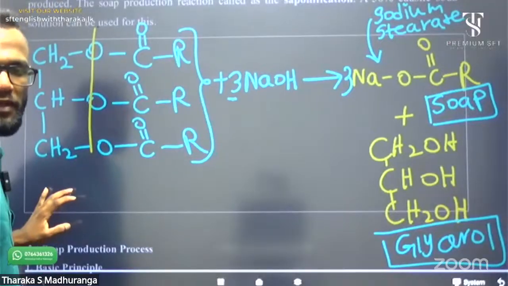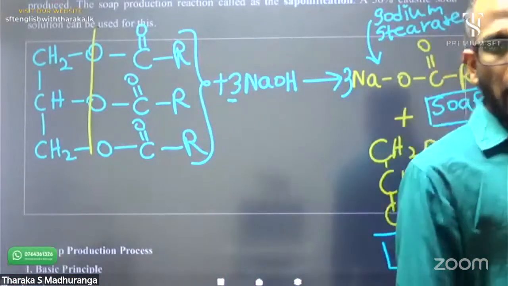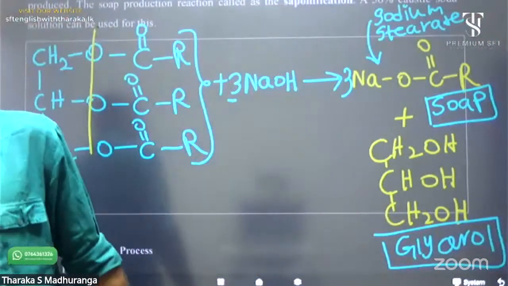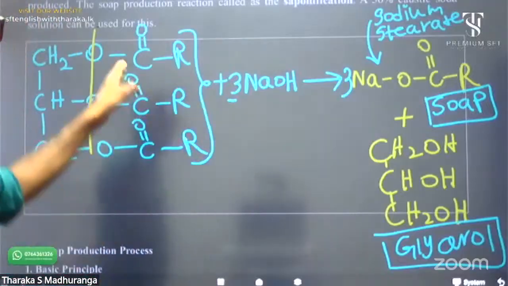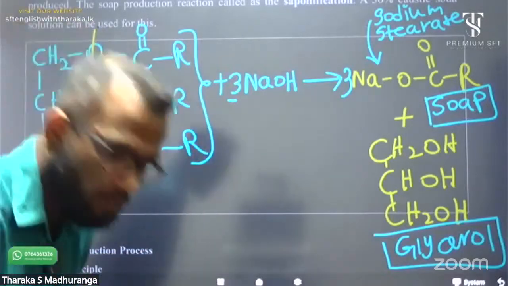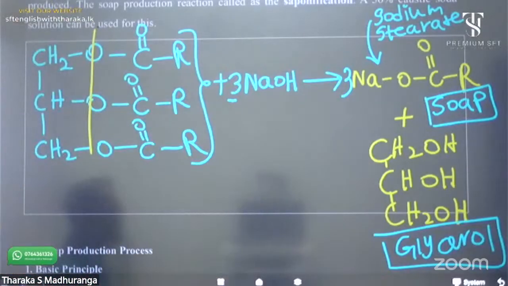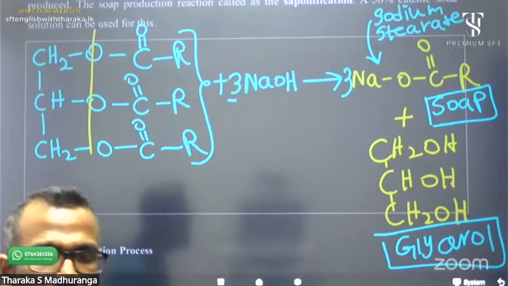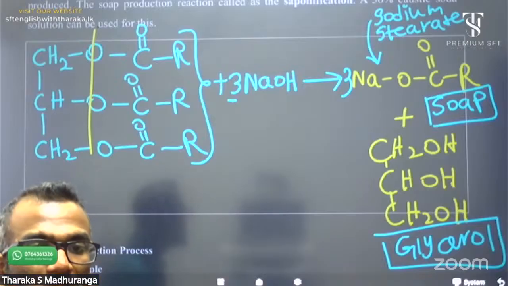This yellow line means breakdown of the ester bonds. Don't write that, just make the yellow line to mean breakdown of ester bonds. Then this produces fatty acid combined with sodium.